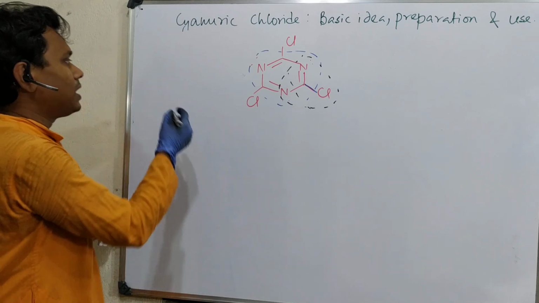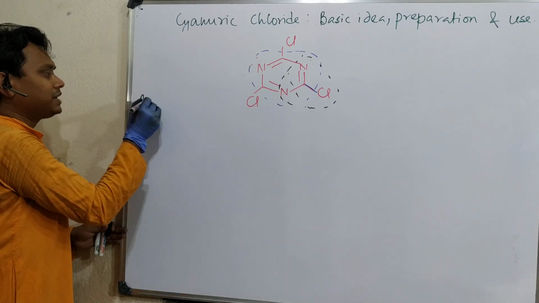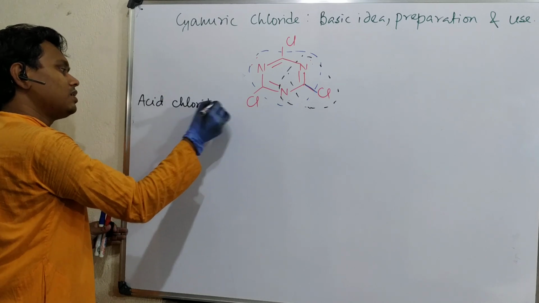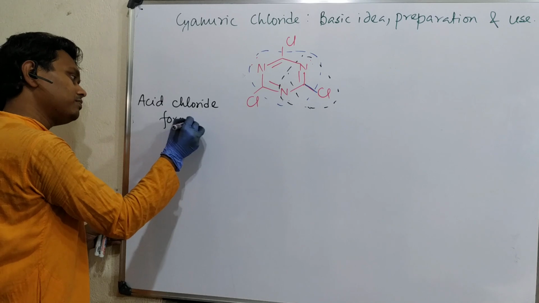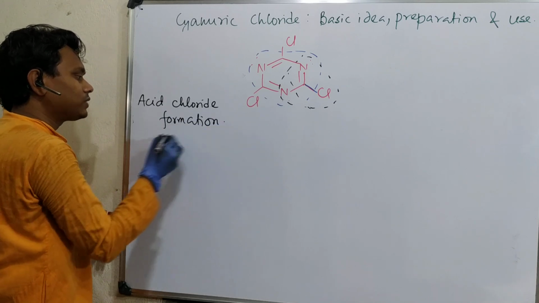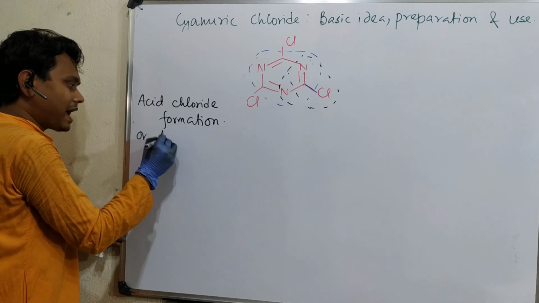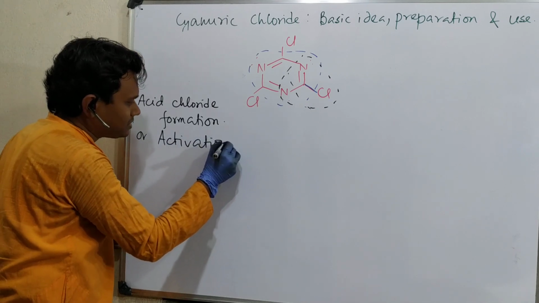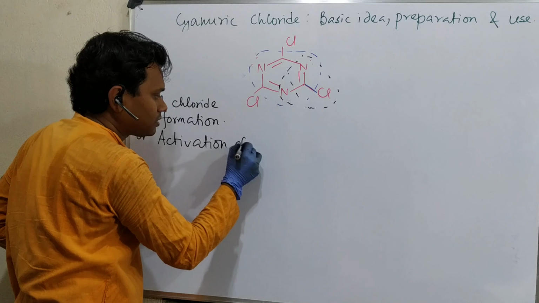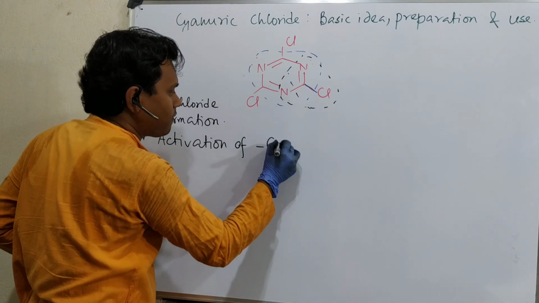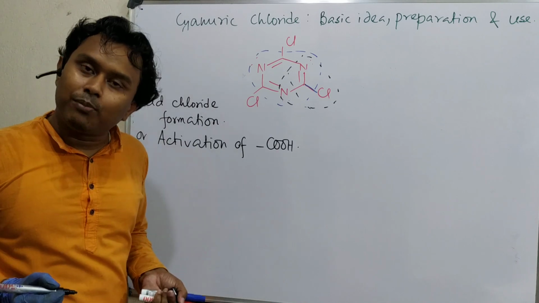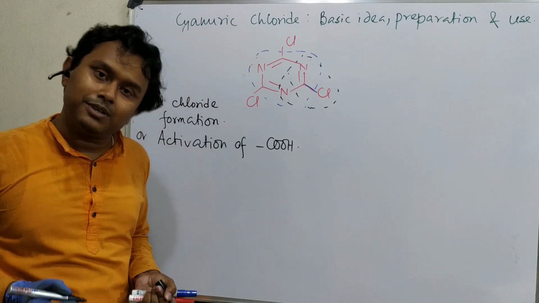The first one is acid chloride formation, or you can consider this as activation of carboxylic acid. What do I mean? When you want to do any reaction, such as a coupling reaction, carboxylic acid is not that much of an activating reagent.